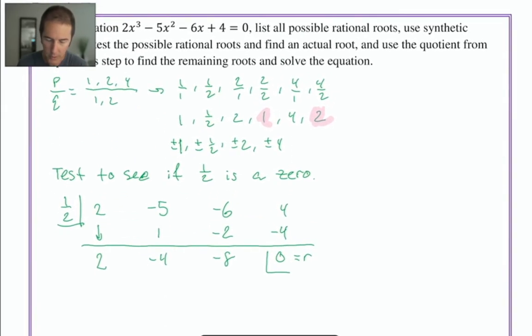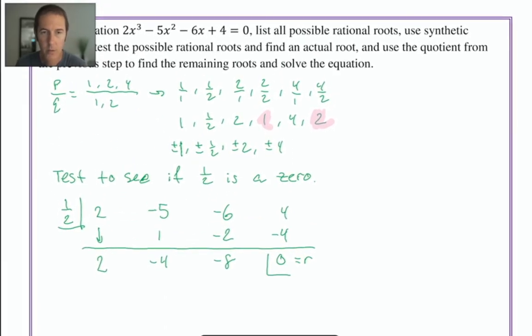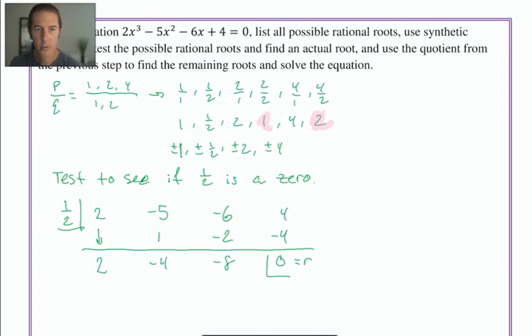So originally I was taking my third degree polynomial, 2x to the third power, and I'm dividing it by, what am I really dividing it by? The 0 was 1/2. So what am I actually dividing by? I'm taking my original polynomial and dividing it by x minus 1/2.